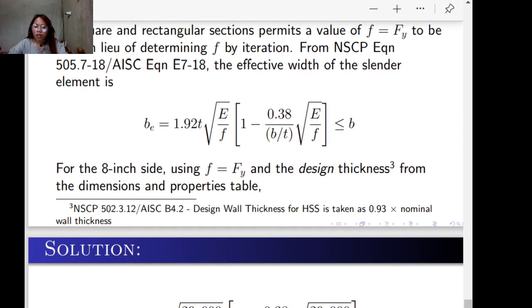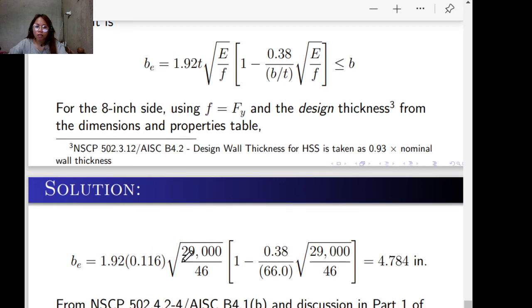So b sub e is equal to 1.92 times 0.116 times the square root of 29,000 over f, which should be taken as Fy, 46 ksi, times 1 minus 0.38 over b over t, which is given in the table, equal to 66, times the square root of 29,000 ksi over 46. So that b sub e is equal to 4.784 inches.